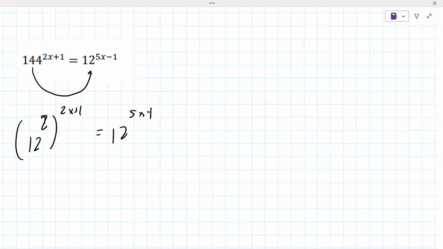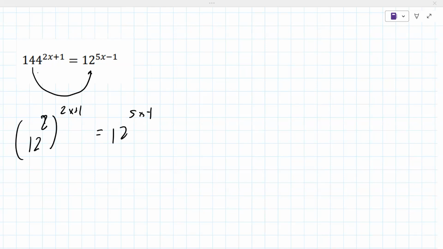See if you can solve it from there, please. All right. 3 equals x. X equals 3.